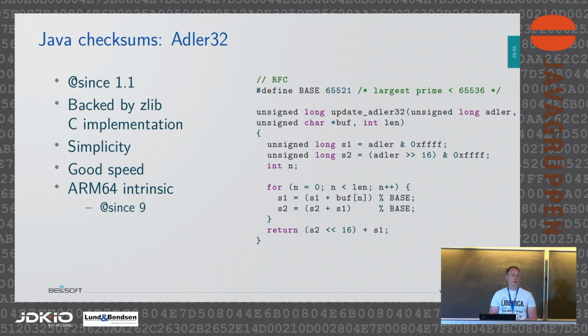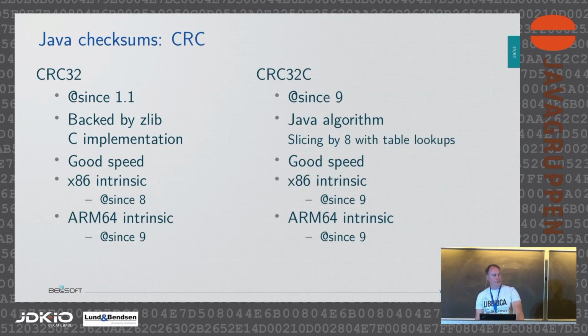It can be done by the C2 compiler, by the C1 compiler, or even by the interpreter, which is not a compiler, but it knows about some intrinsics. So people do this, and there are intrinsics for Adler and the two CRC checksums.